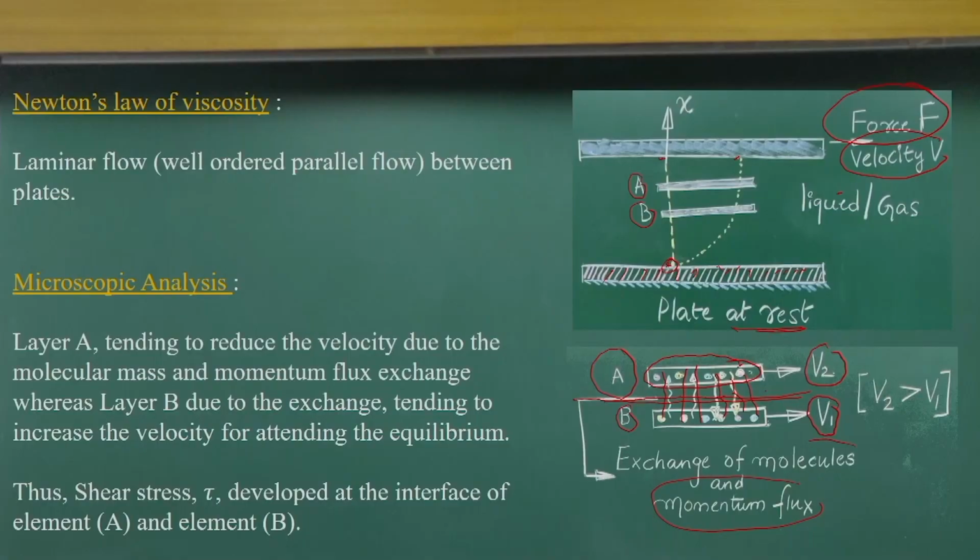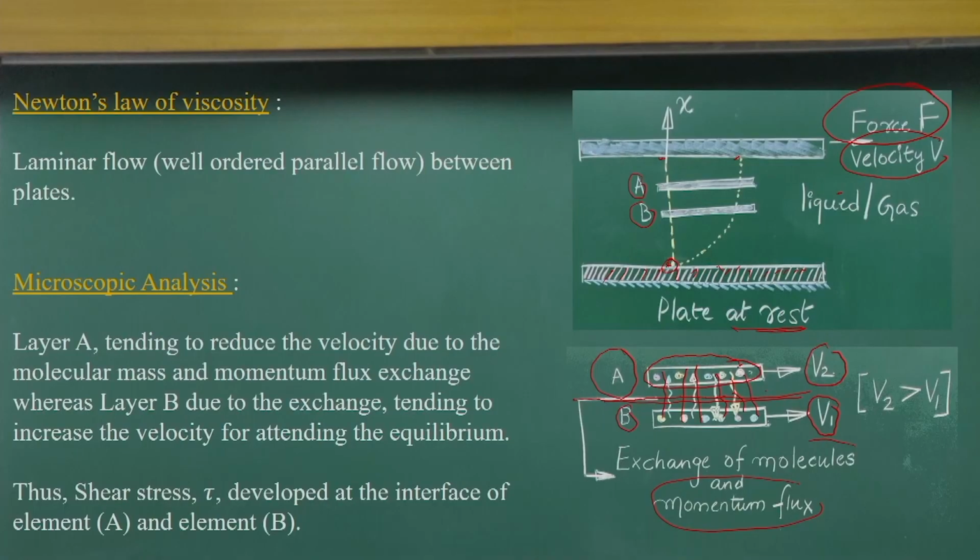We cannot see how the molecules move in random motion or collide with each other, but conceptually there is a mass flux going up and a momentum flux being exchanged.